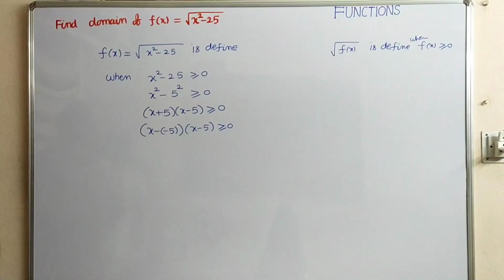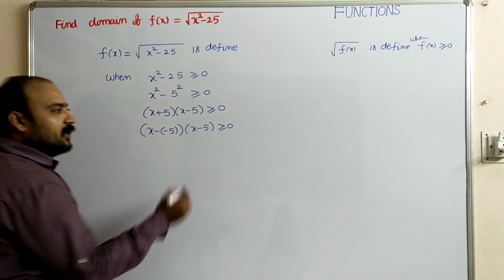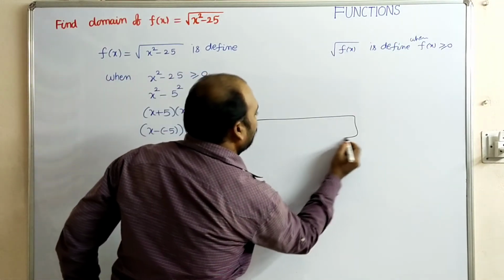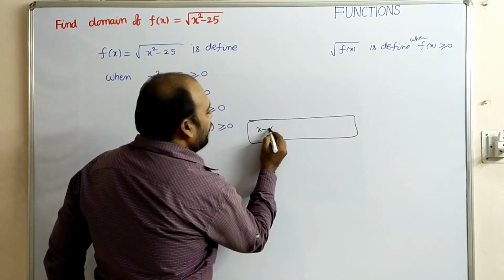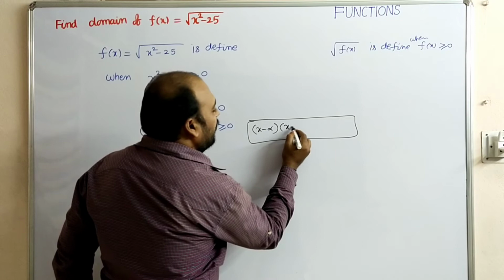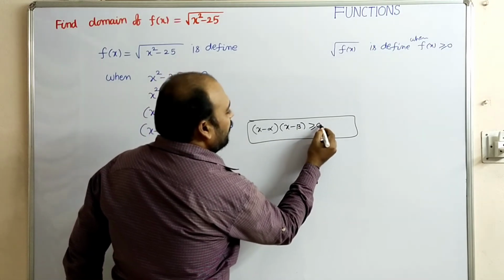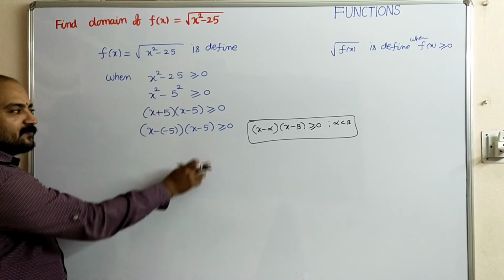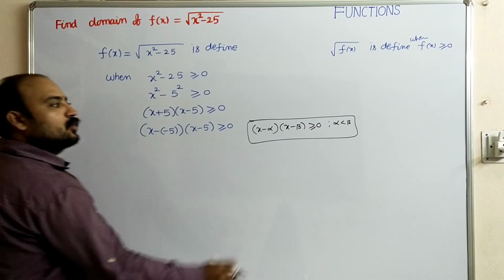Just now we discussed in this session, it is in the form of (x − α)(x − β) is greater than or equal to 0 when α is less than β. Here α = −5, β = 5. So it is in this form.